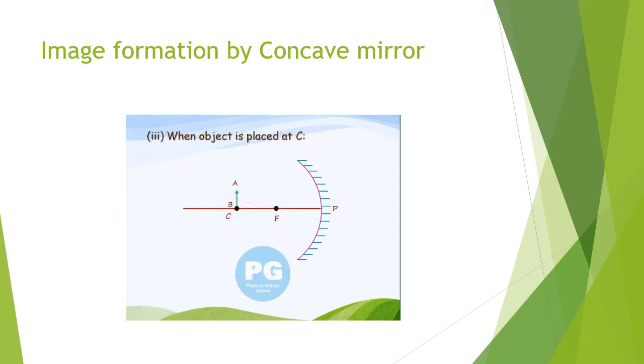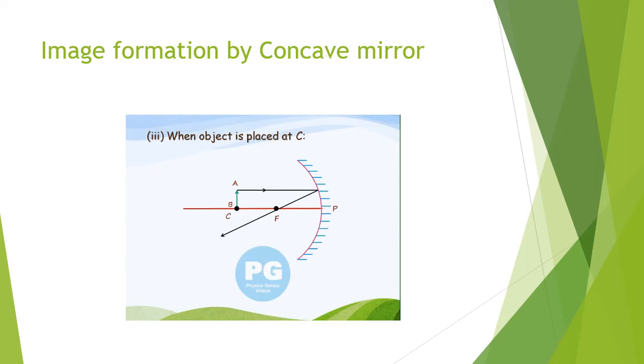Third case, when the object is placed at center of curvature. So again we take an object AB placed perpendicular to the principal axis, at the center of curvature. A ray of light from point A goes parallel to the principal axis. This will pass through focus after reflection from the mirror.